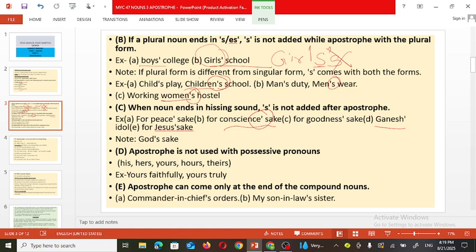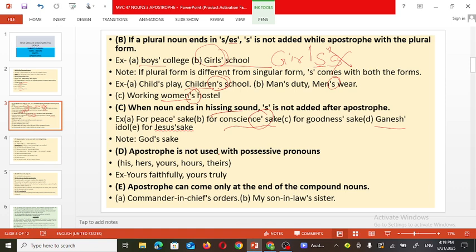For example, for God's sake. So here the apostrophe sign is used. In these cases it is not necessary that the letter s is at the end of the word, but it has a hissing, soft sound of s, and then again there is no need to use apostrophe s. Only the sign is enough.